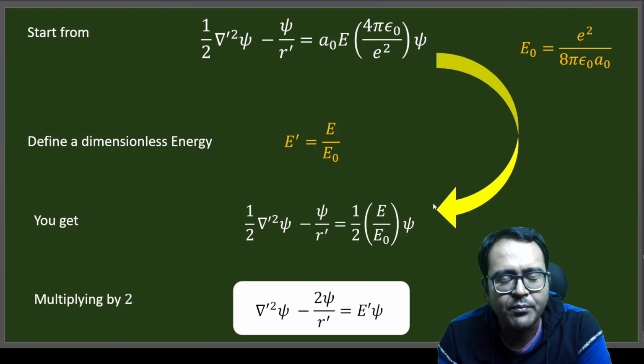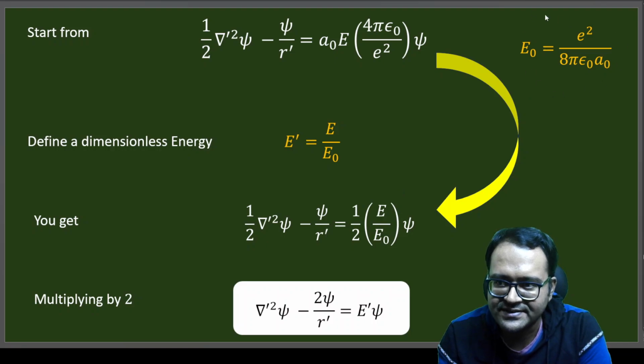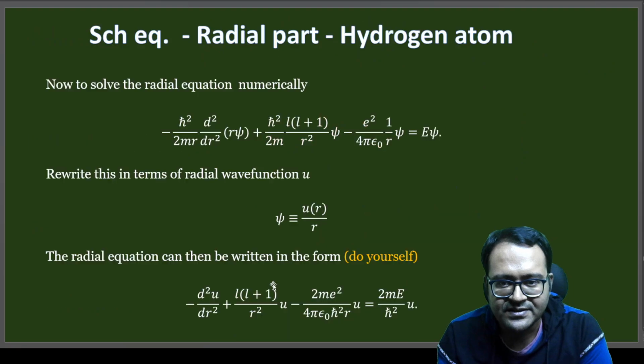That means it's 1.5 times the Bohr radius. And if you get E prime as 1, that means you are getting exactly minus 13.6 eV. If you get 2, you get 2 times this 13.6. That is the beauty of this. Now you can proceed numerically.